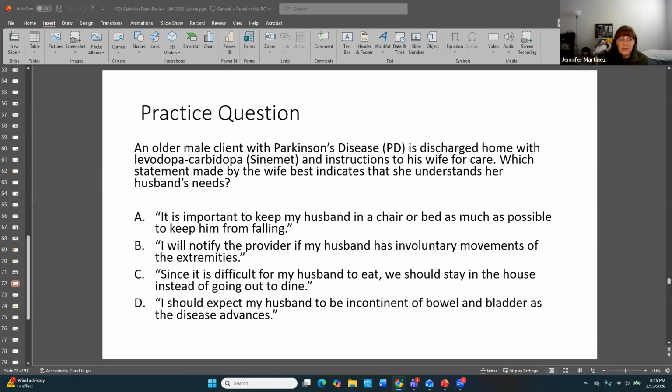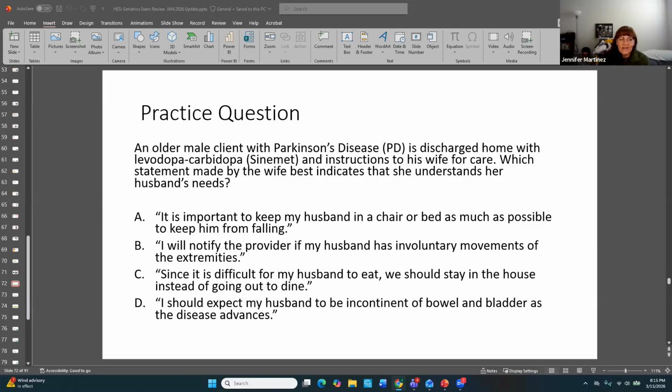A, it is important to keep my husband in a chair or a bed as much as possible to keep him from falling. B, I will notify the provider if my husband has involuntary movements of the extremities. C, since it is difficult for my husband to eat, we should stay in the house instead of going out to dine. Or D, I should expect my husband to be incontinent of bowel and bladder as the disease advances.